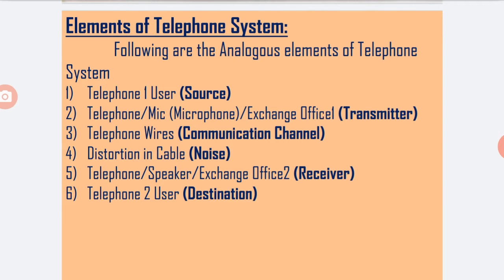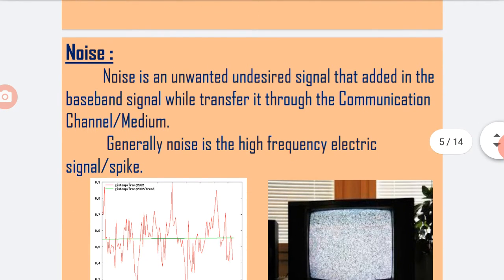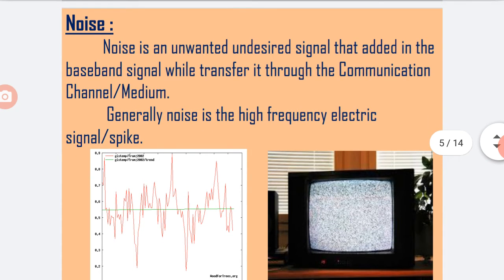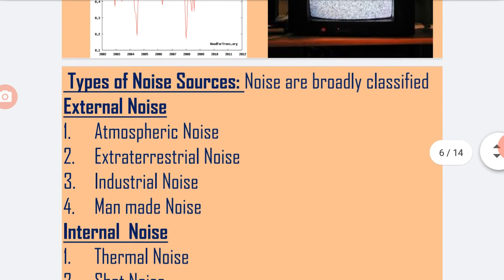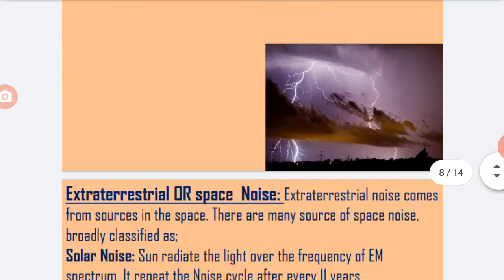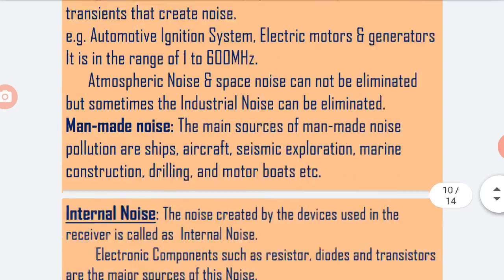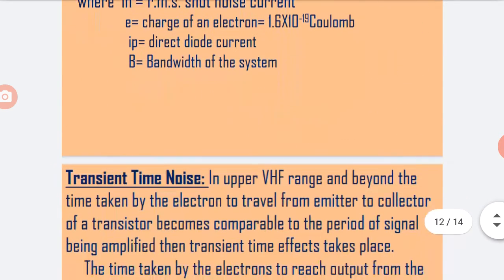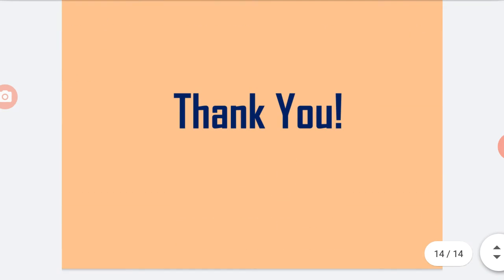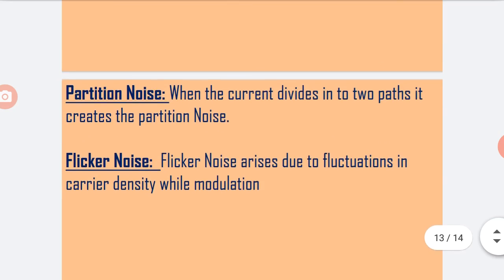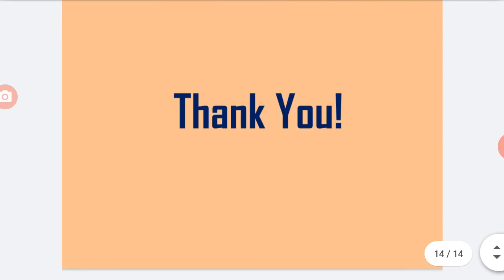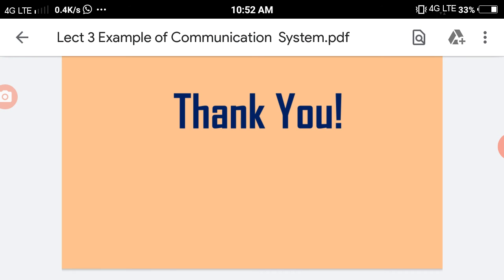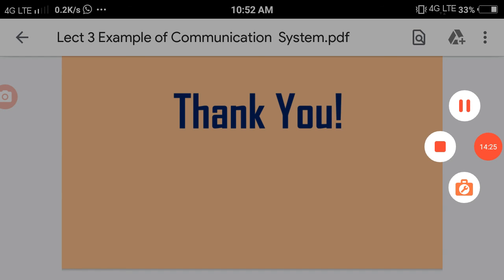Then we studied noise classified on the basis of types: external noise and internal noise. So go through the slides and you can write this information from the slides into your notebook. We stop today, and the next lecture will be on the electromagnetic spectrum.